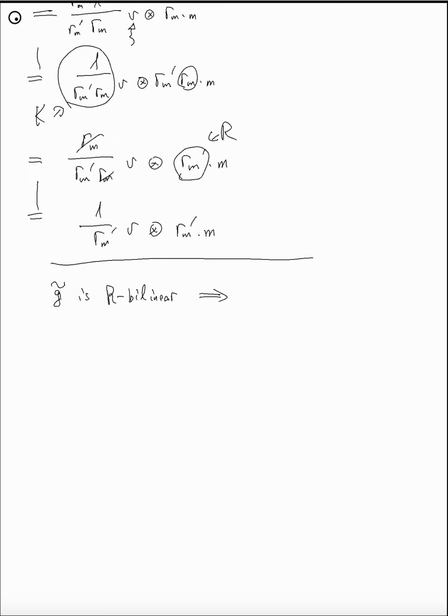And then this implies that we have a map G from V tensor M over R to V tensor M, V tensor N over R, it's G tensor m, map it to whatever r that works.